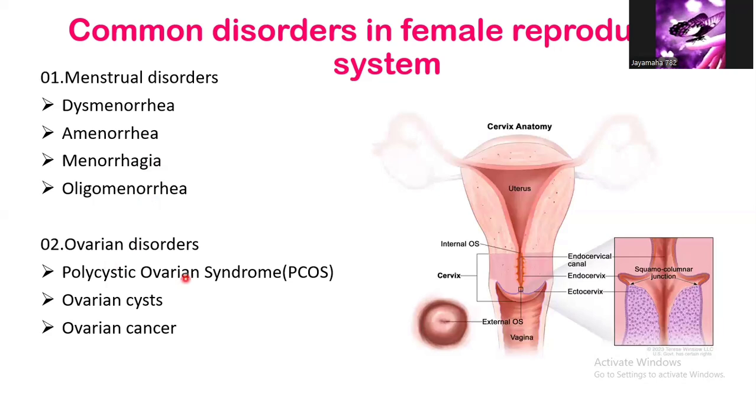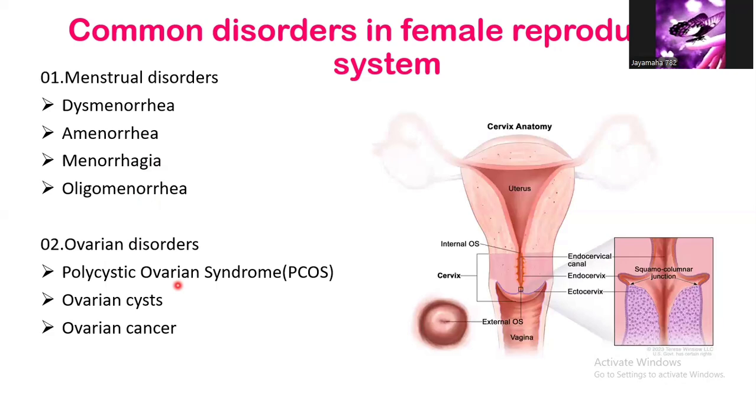Then the ovarian disorders. Under ovarian disorders, we discuss polycystic ovarian syndrome, PCOS, ovarian cyst, and ovarian cancer. Polycystic ovarian syndrome is a hormonal disorder.